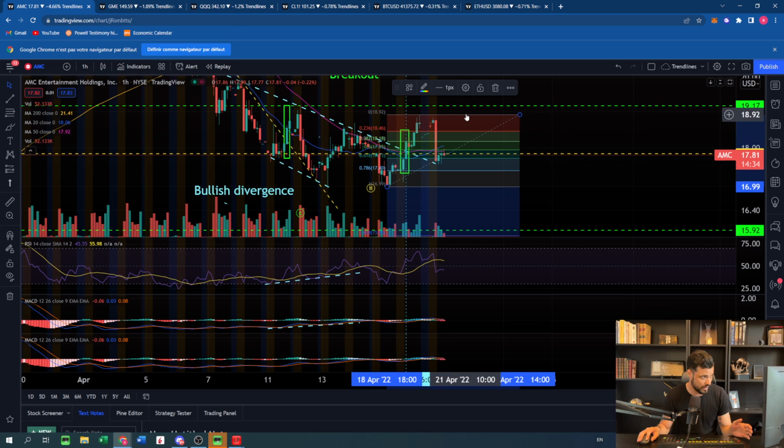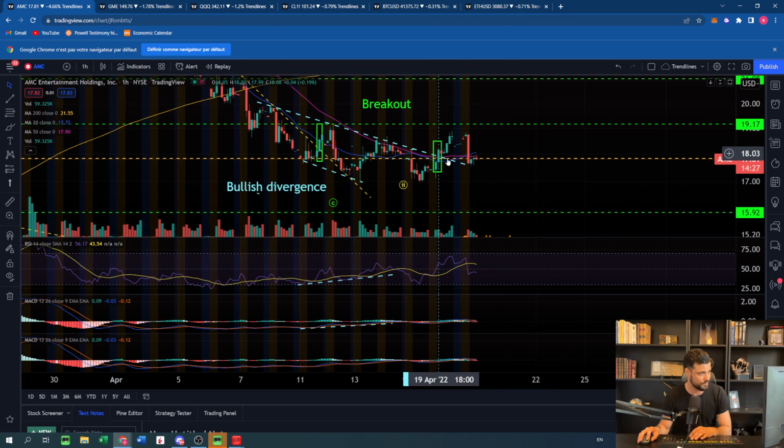So let's see. This situation would look bullish to me if we had strong moves with volume in the move up, and low volume and small moves in the move down. So here we had low volume on the way up, which is not good. Here we had an increase in volume at the close. That was kind of a rather good sign to me, but what I don't like is to see a strong move down like that.